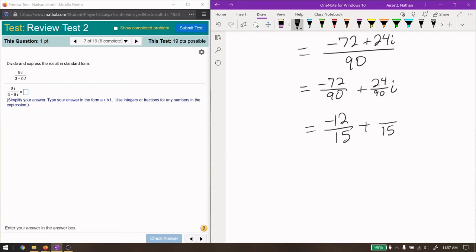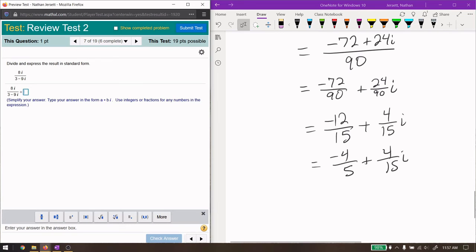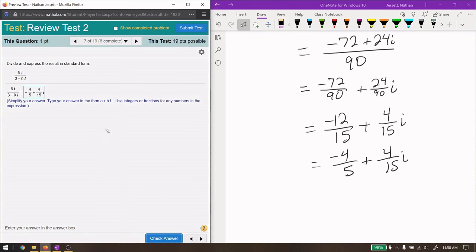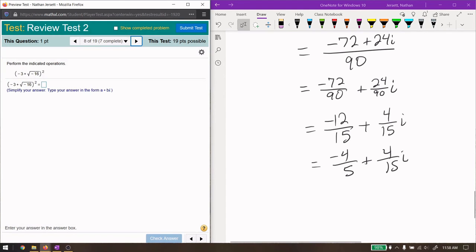We get 4 over 15i. And then 12 over 15 can be divided by 3 again. So we get negative 4 over 5 plus 4 over 15i. That should be simplified as far as we can. Let's see. Yep. Very good.